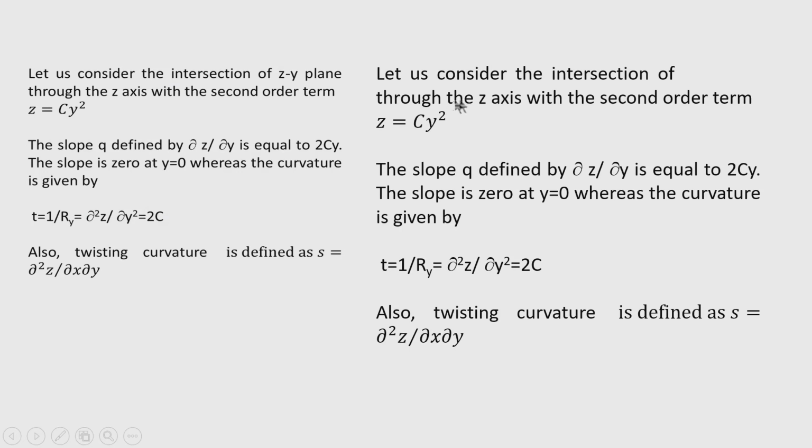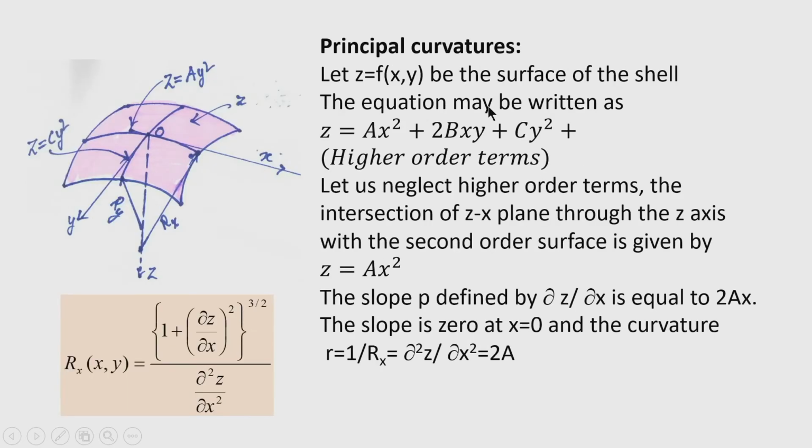If I now consider the zy plane through the z axis, that is z and y along the z axis, then in this plane x is 0. Therefore, here the equation will be represented by z is equal to a y square, instead of x it will be y square. Therefore, the curvature along the y direction will be just 1 by r y.